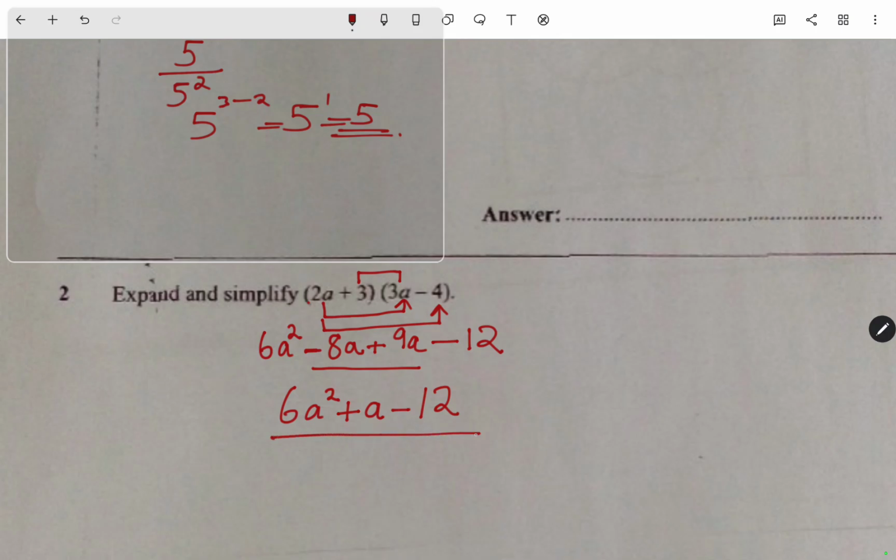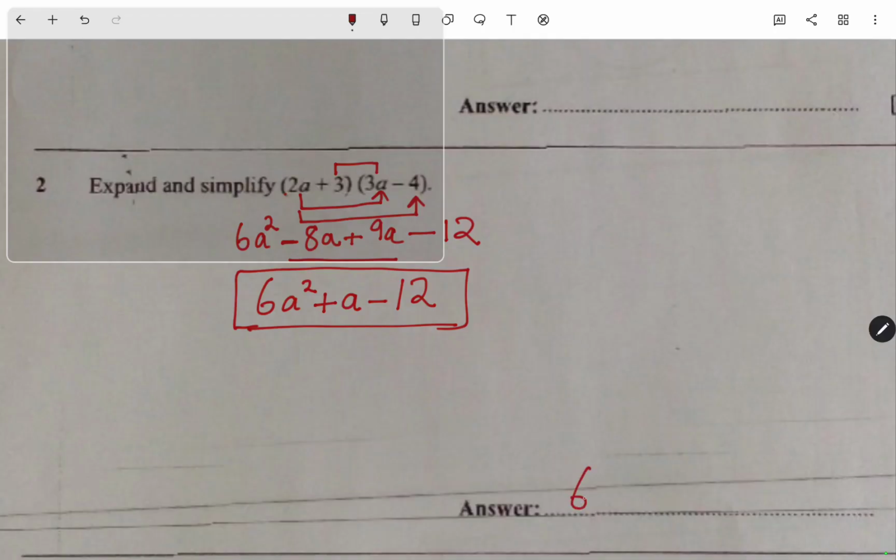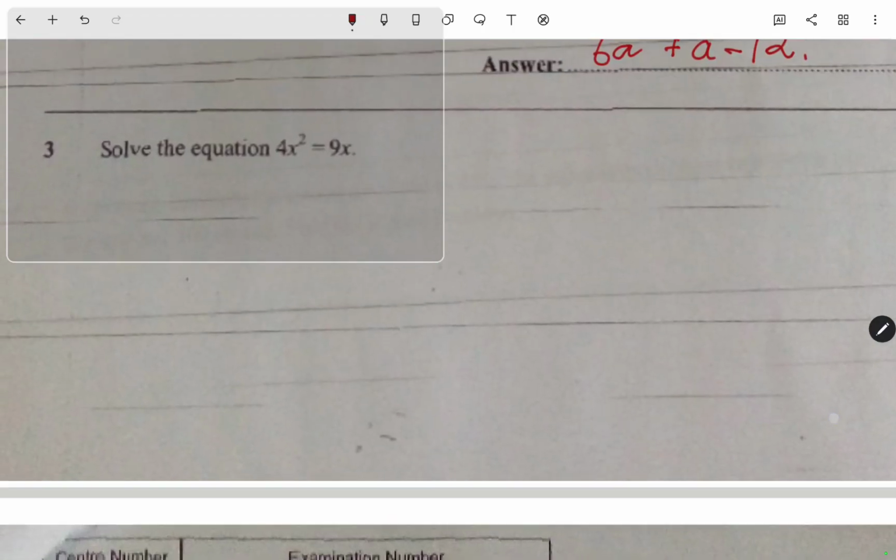We're done expanding and simplifying. Remember, we write the answer there: 6A squared plus A minus 12. Okay, so that's how we solve this question.